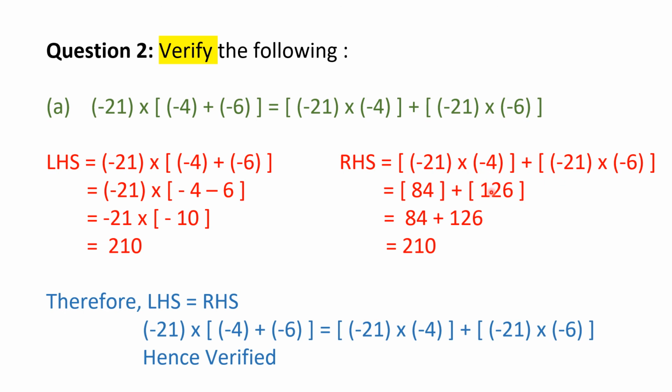So plus 126, right? So 84 plus 126 is 210, right? So on both sides you got 210. And when you get 210 on both sides, equal answer, you can write left hand side equal to right hand side. And that is the question itself, right? So we can say hence verified.